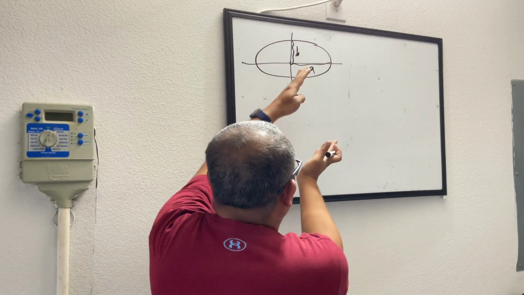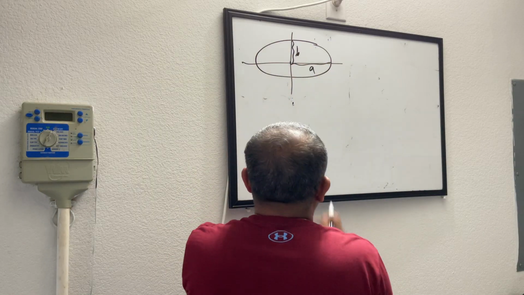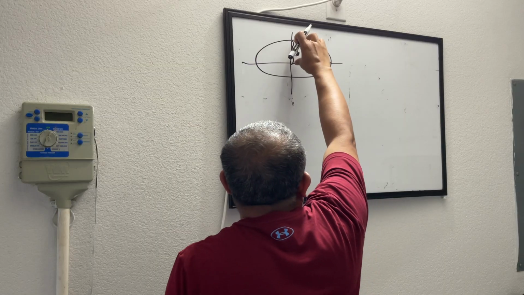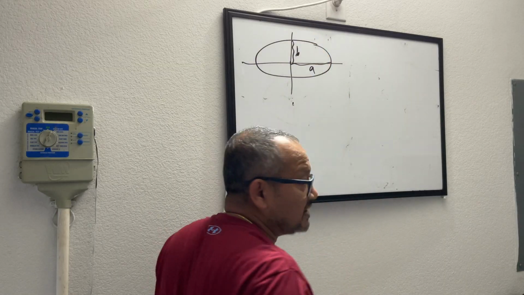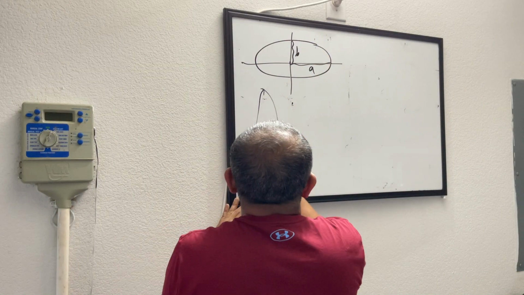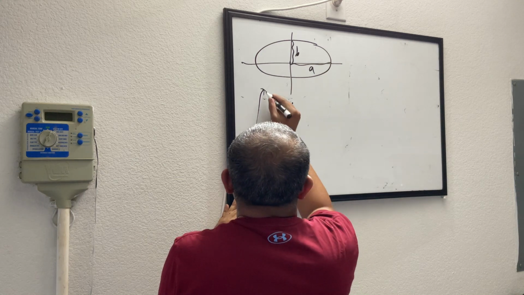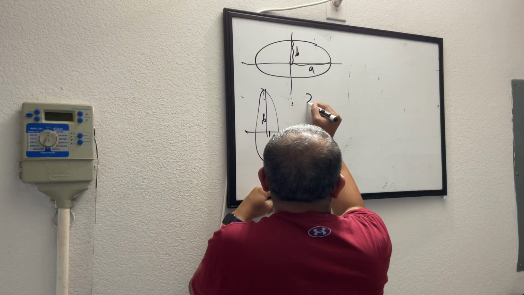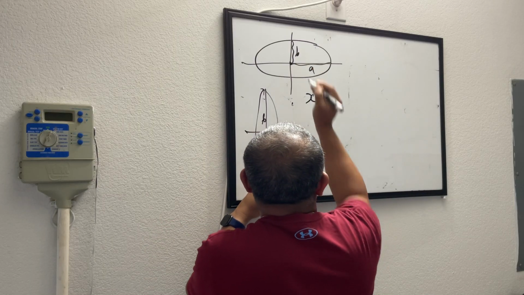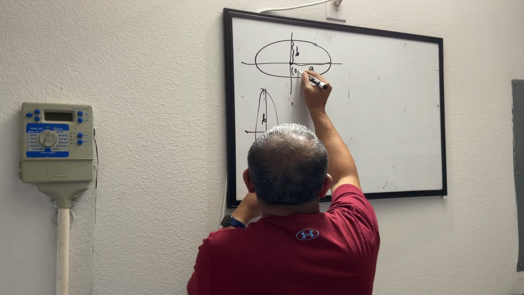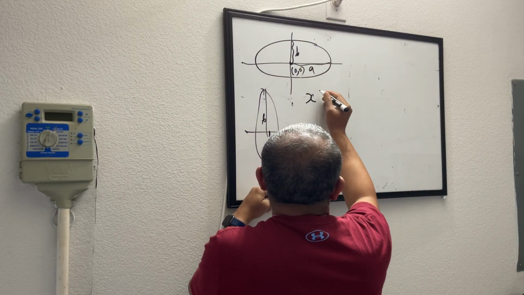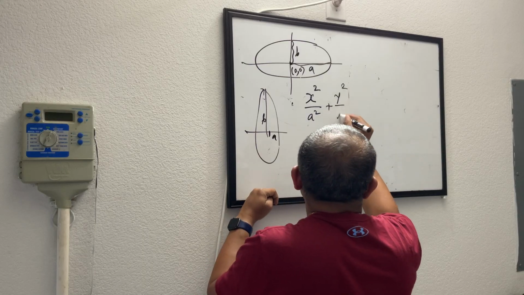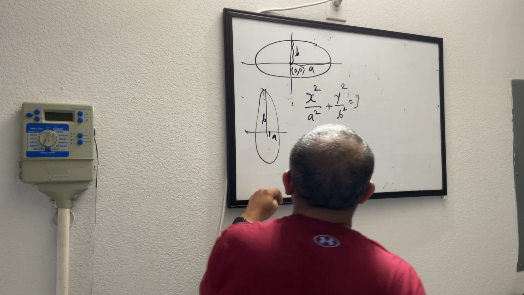If I flip this ellipse by 90 degrees or rotate it by 90 degrees, the radius along the x-axis will become the minor radius like this. This will become the minor radius. This will become the major radius. And what we have seen is if the center of the ellipse is at the origin of the coordinate plane, the formula for the ellipse is x squared by a squared plus y squared by b squared equal to 1.